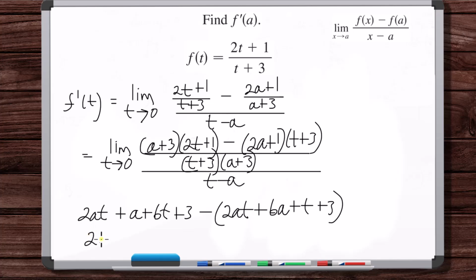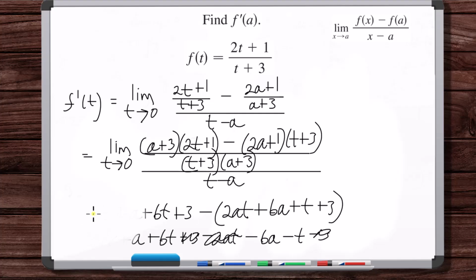So 2at plus a plus 6t plus 3 minus 2at minus 6a minus t minus 3. So the 2at subtract out, the 3 subtract out, and we're left with minus 5a plus 5t.